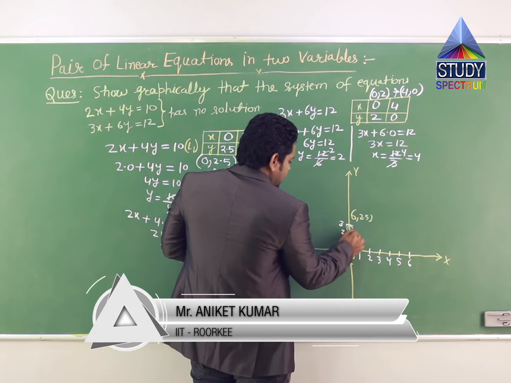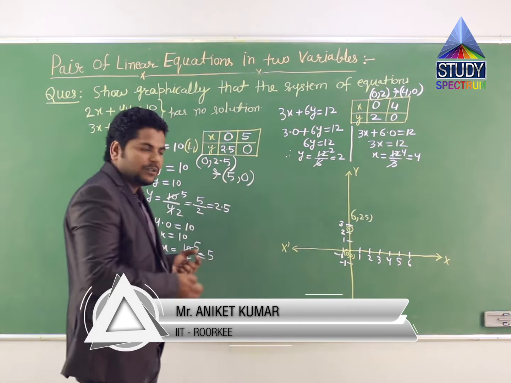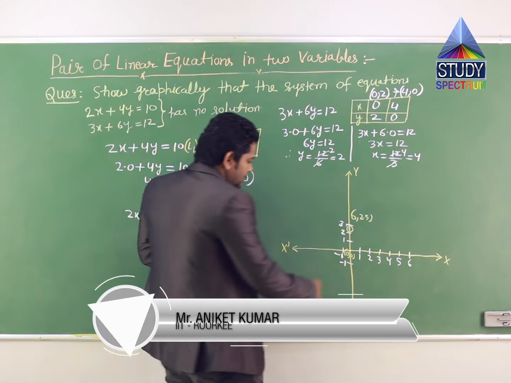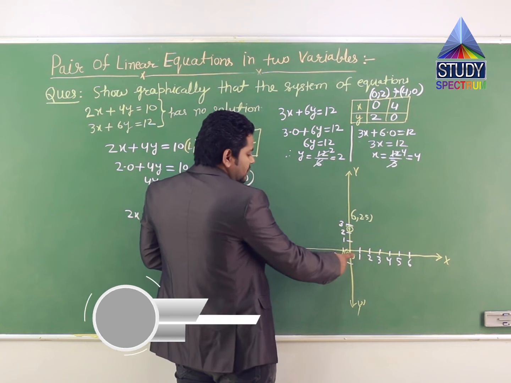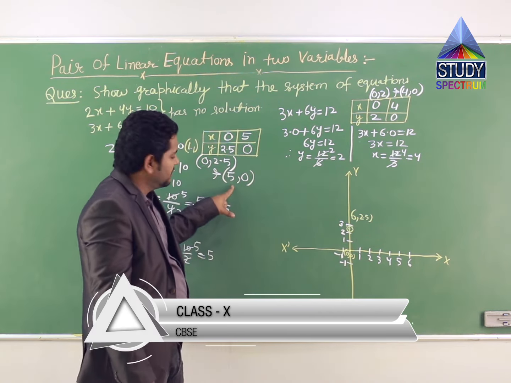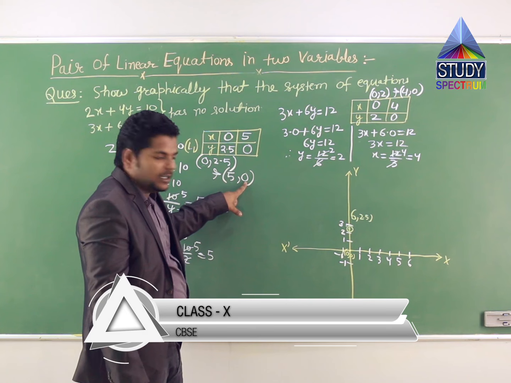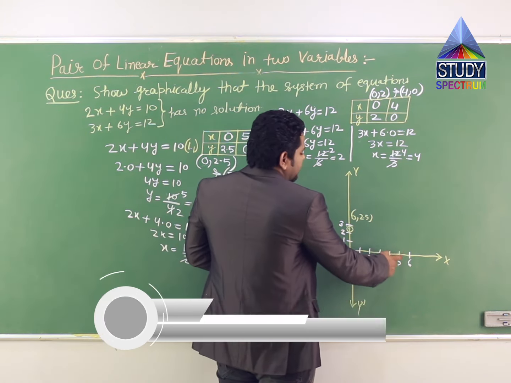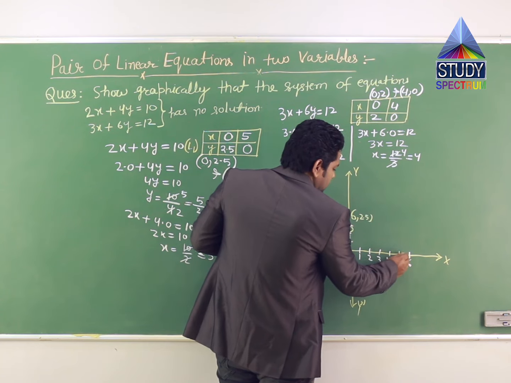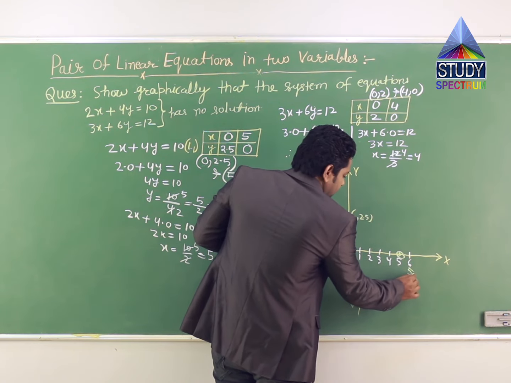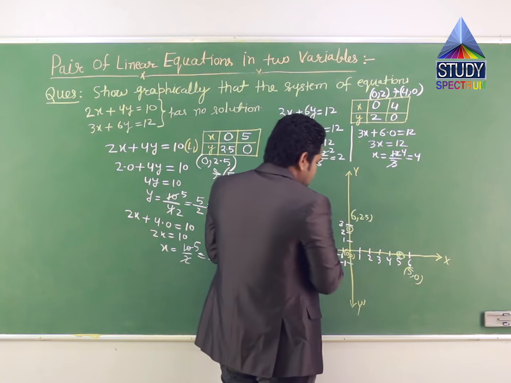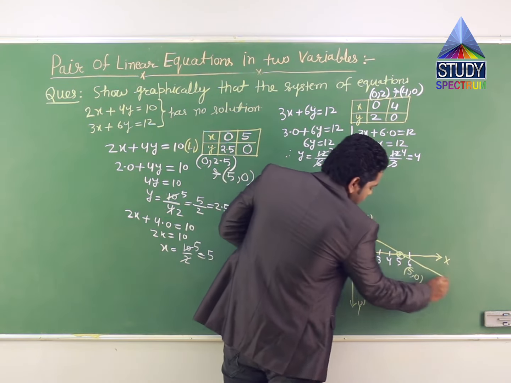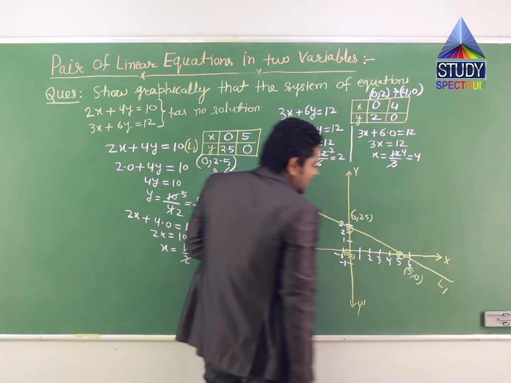Now the second point, 5, 0. In x we have moved 5 units and in y we have moved 0 units. So 1, 2, 3, 4, 5, and this is the point 5, 0. Then join them. So this is the L1 line.